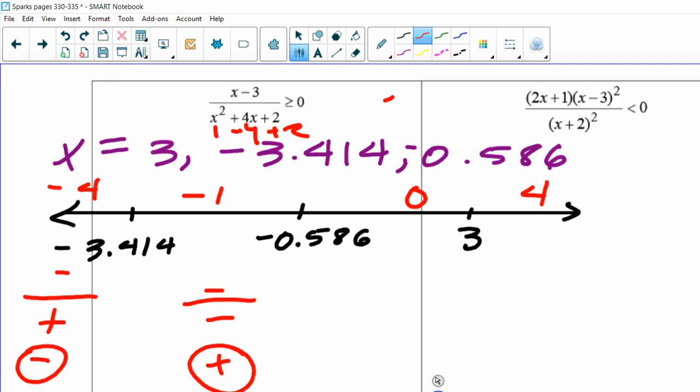0 minus -3 is -3. That's 9, plus 2. I was doing 3.